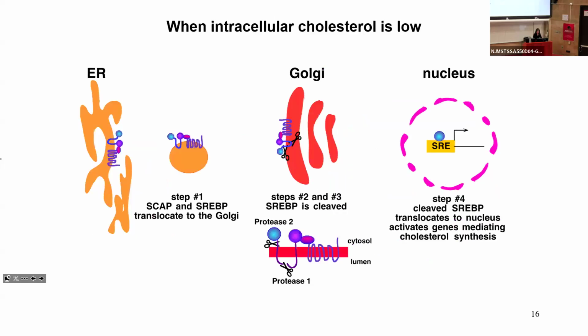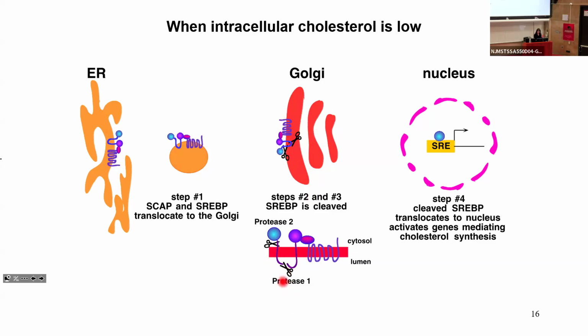So when intracellular cholesterol is low, then this SCAP and SREBP, which would get retained in the ER when cholesterol is high, now something is sensed in this ER membrane, so this will vesiculate, make these vesicles that are going to go to the Golgi and fuse with the Golgi.